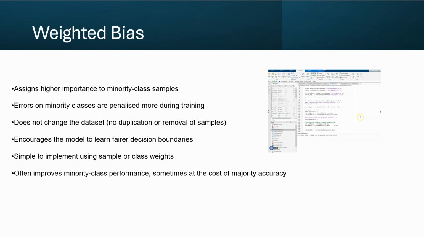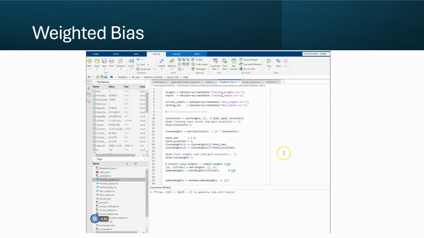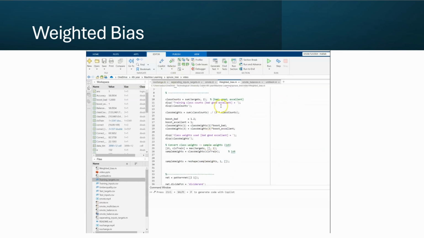But here are some of the points that we'll see when we train our network, especially the one that assigns a higher importance to the minority class samples. The first part here is the section separating the training and testing samples, and then the start of the weighting biases.